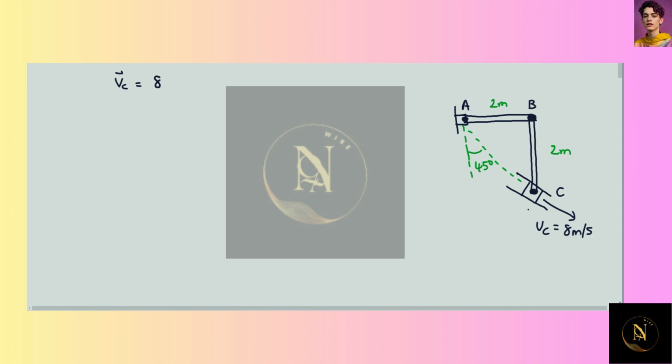So VC is 8 cosine 45 degrees I minus sine 45 degrees J. Okay, so if you work out the magnitude, you get 4 root 2 I minus J. And then we can also write VC to be equal to VB plus omega BC cross R C relative to B.